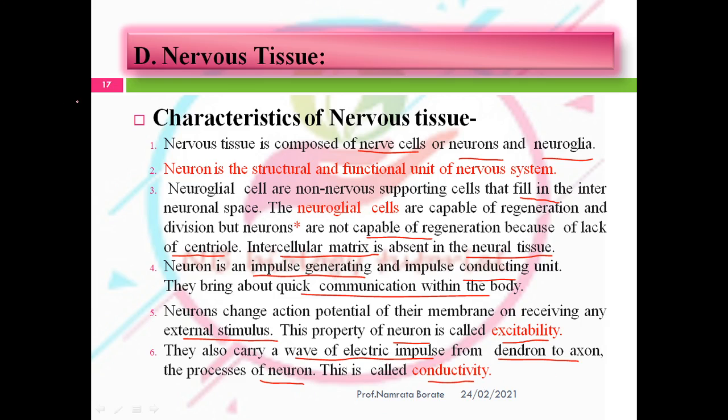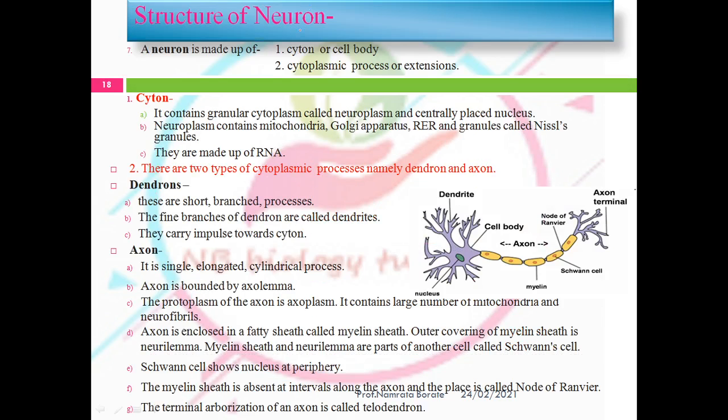So let's see the next one. What is the structure of the neuron? The neuron basically consists of two parts. The first one is the cyton, also called the cell body. And the second one is the cytoplasmic processes, that is called the extension. So what is this cyton? The cyton contains granular cytoplasm. That granular cytoplasm present in the cyton is called the neuroplasm.